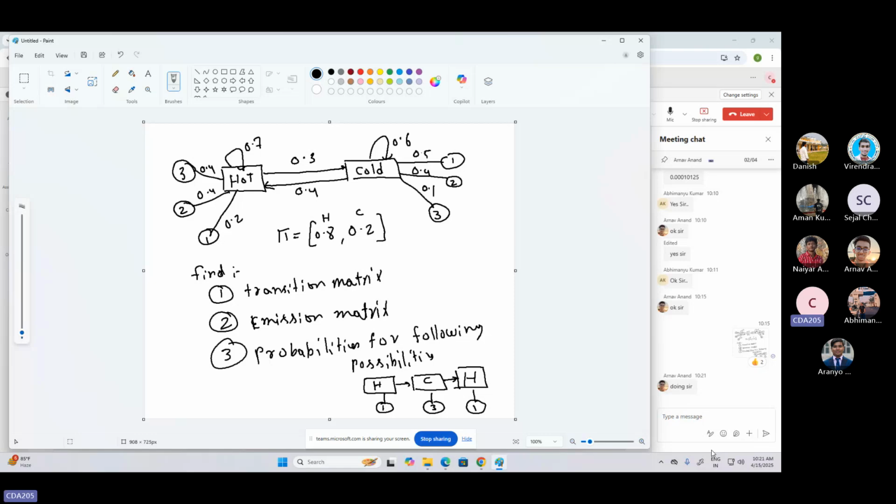You can tell the transition matrix. At least you can tell the transition matrix by the diagram.